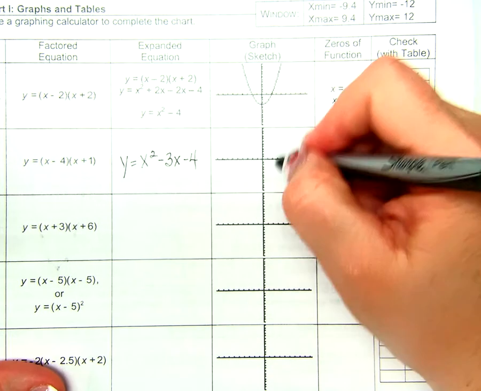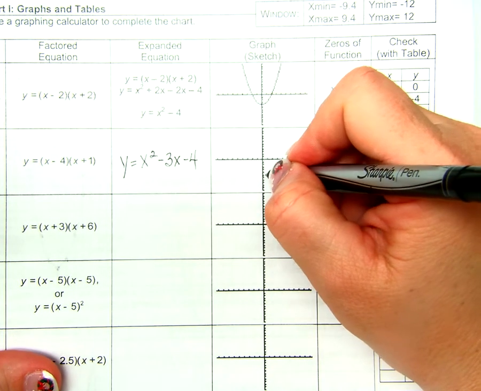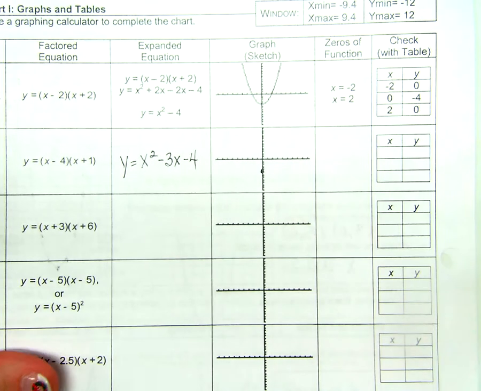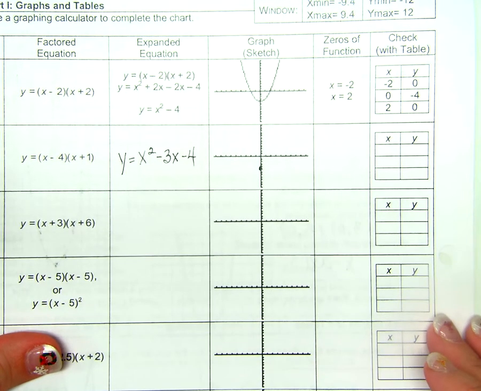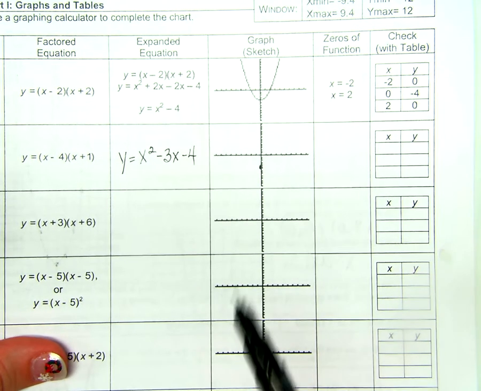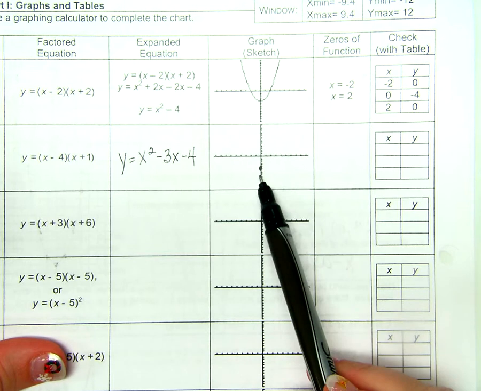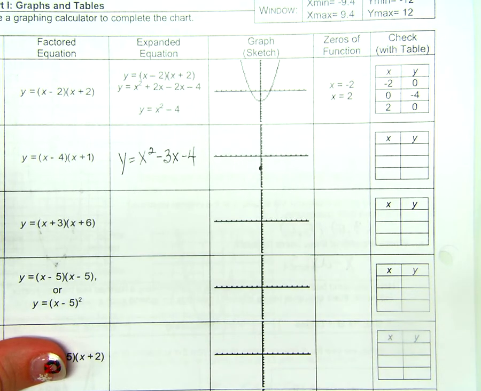The y-intercept is at negative 4? Is that what you said? Do we know anything else? Would it be the vertex or is it just the x-intercept? I could do negative b over 2a if I wanted to find the vertex, couldn't I?